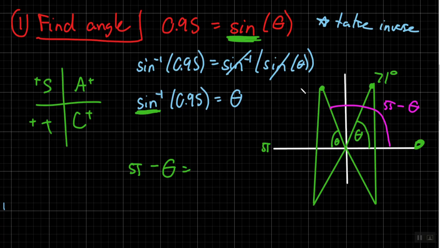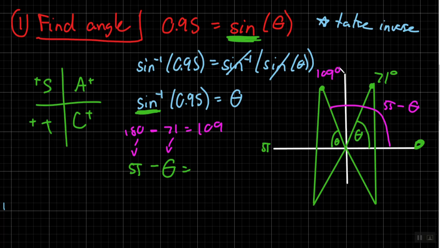I want this angle. Pi minus, yeah, pi is 180. So do 180 minus our 71, what? 109. So this should be 109 degrees.